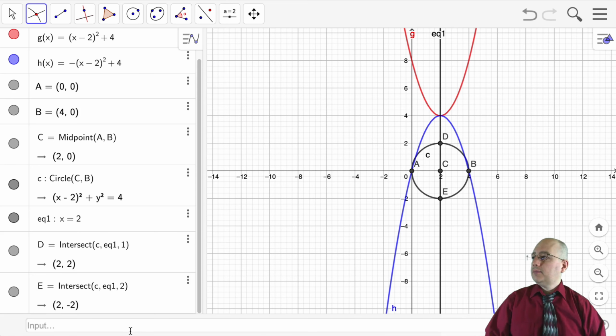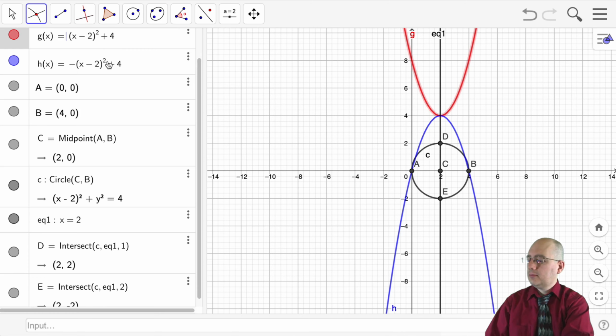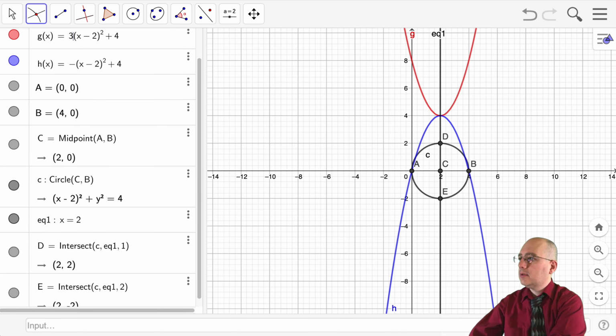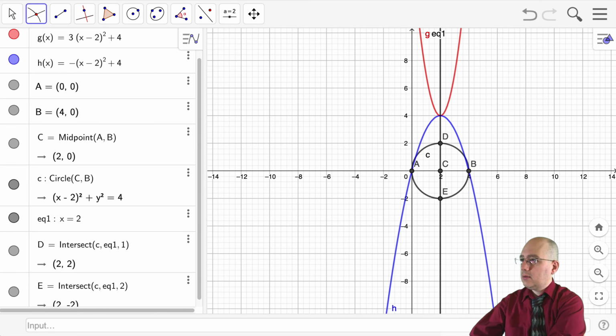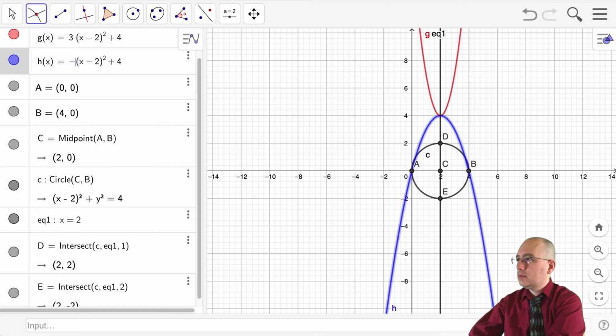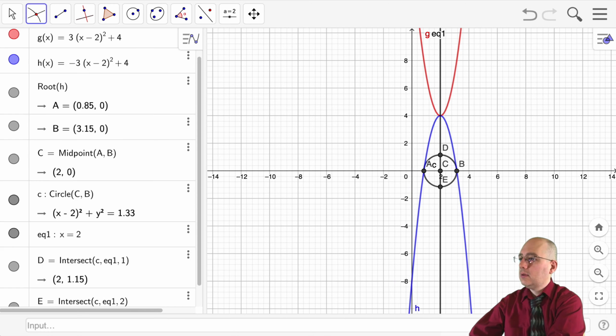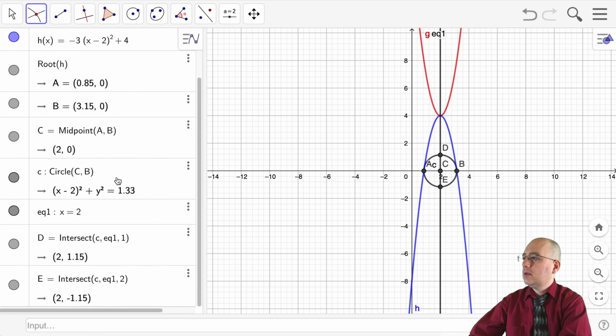Alrighty. And yeah, let's say we were to change that to 3, and then change this to 3, and then everything changes, and it looks like the complex solutions would be 2, 1.15, and 2, minus 1.15.